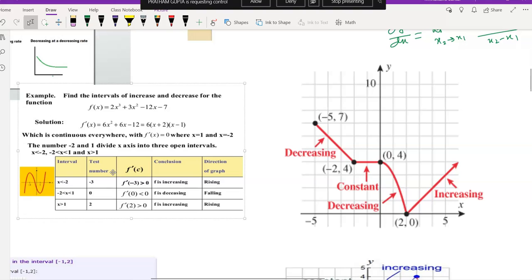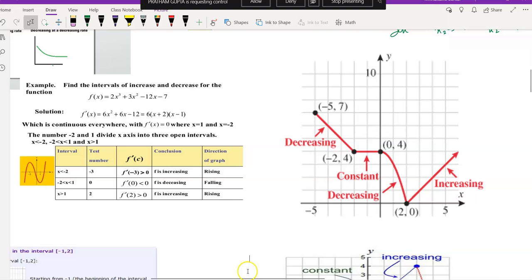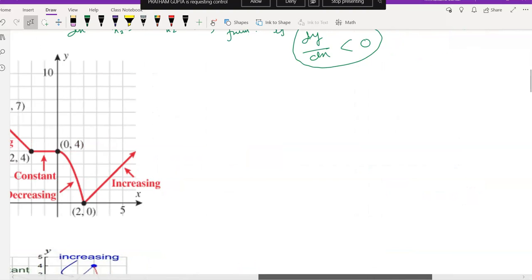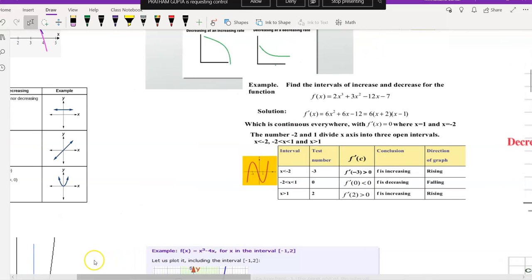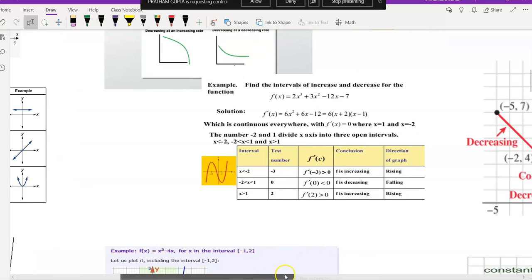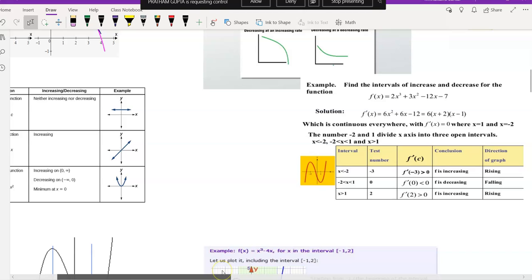It's a cubic polynomial. Just a minute, you write the function first, then I can demonstrate it properly. 2x cube plus 3x square minus 12x. Okay, I can do it here.